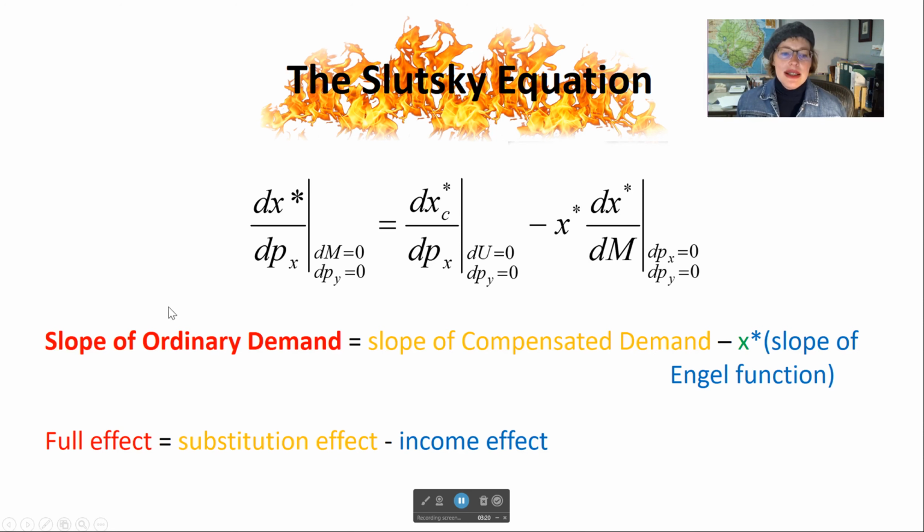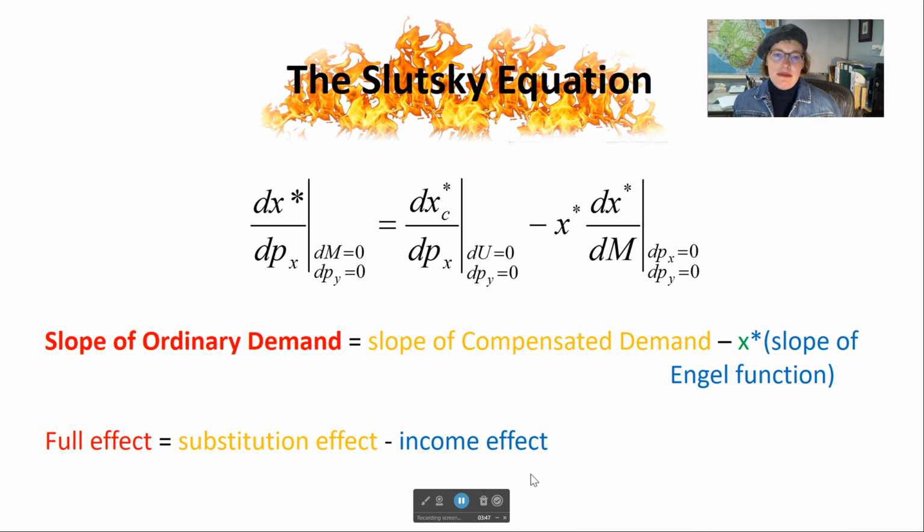It gives us the slope of the ordinary demand function and explains the components of that slope in terms of what part of compensated demand drives the slope and the slope of the Engel function. The full effect of a change in demand is equal to the substitution effect less the income effect.